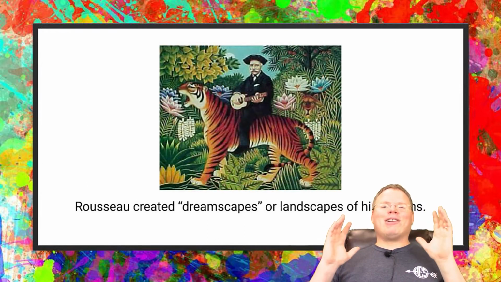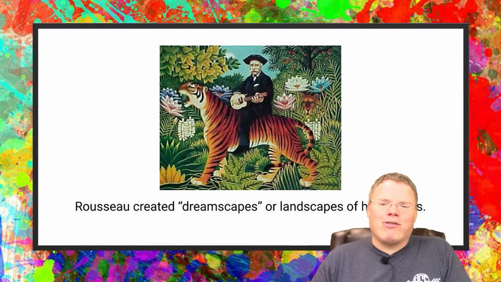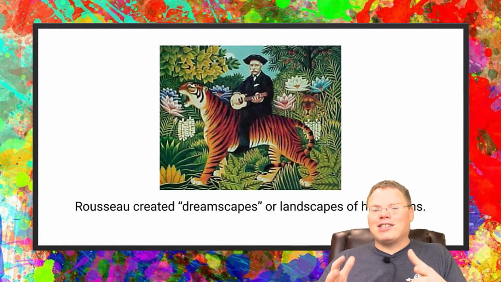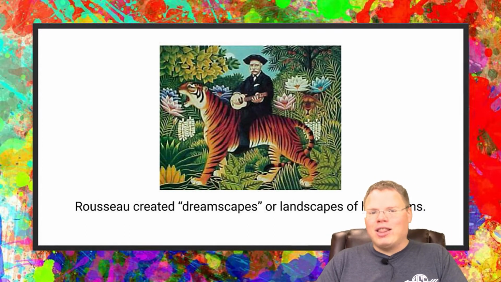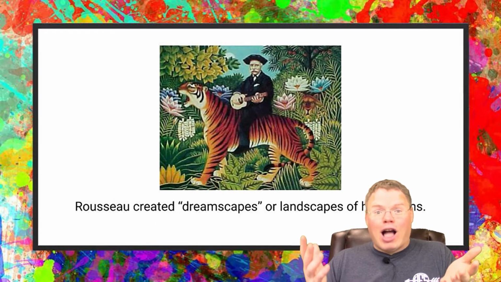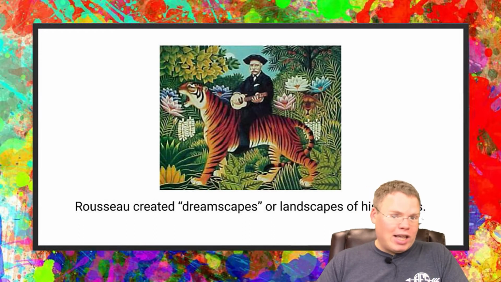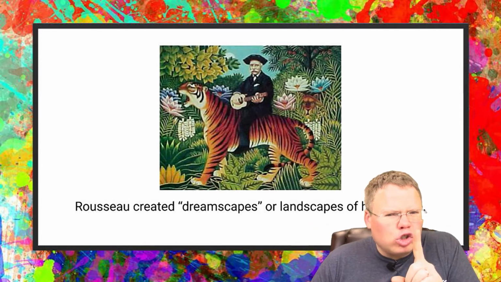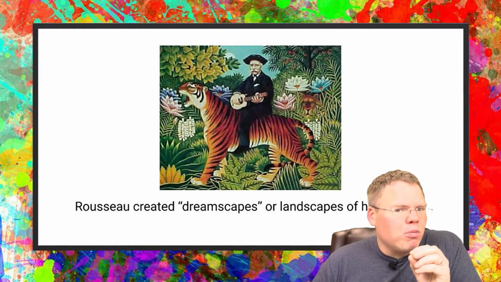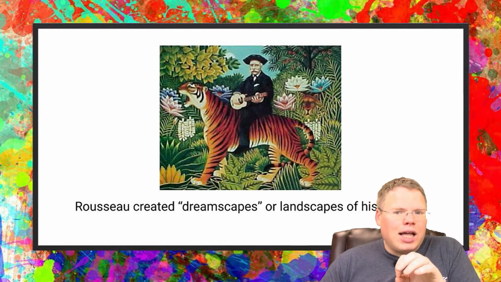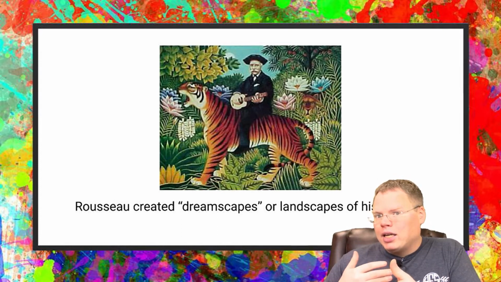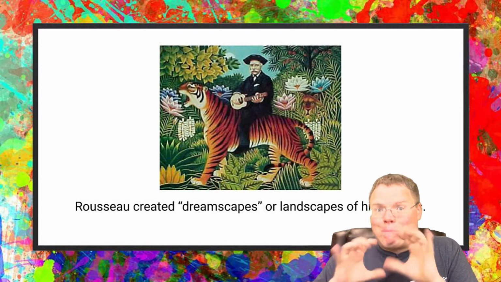And this is one of my absolute favorite Henri Rousseau paintings. It is called The Tiger Riding Ukulele Man, for obvious reasons, because there's a man riding a tiger playing a ukulele. And if you look super close, you might even see that there's a lion overlapping behind some of the tall grass and flowers, and he's ready to pounce.